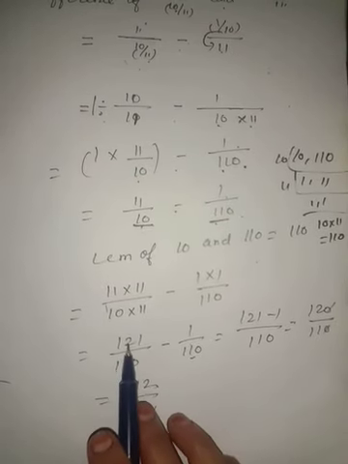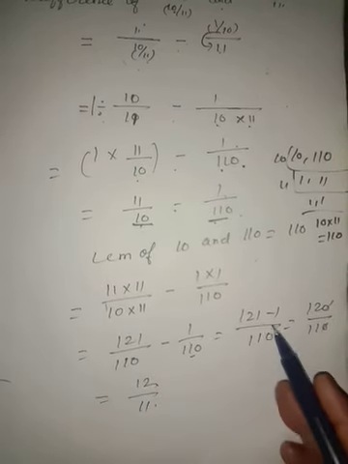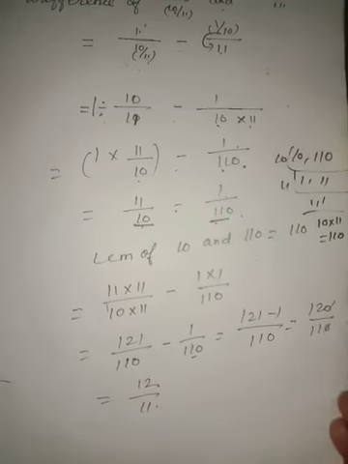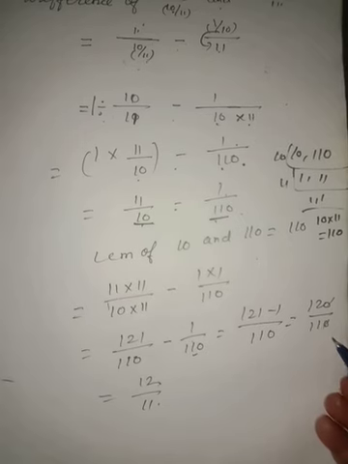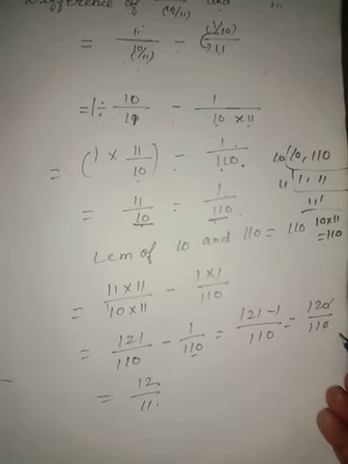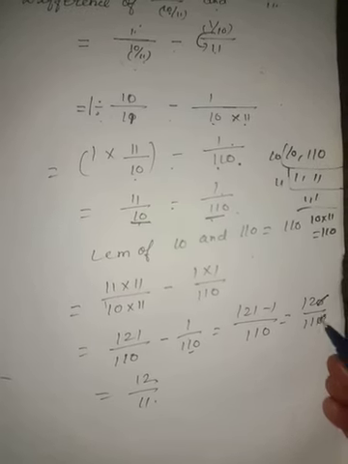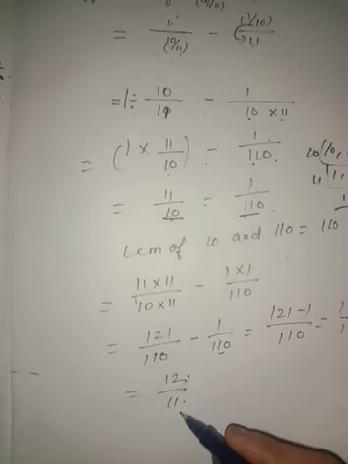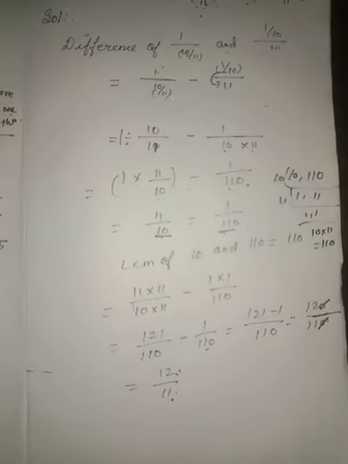Subtracting the numerators, we get 121 minus 1 by 110. We get the answer 120 with the common denominator. It can be simplified. Cancel the zeros in the numerator and denominator. We get 12 by 11 is the greater number.